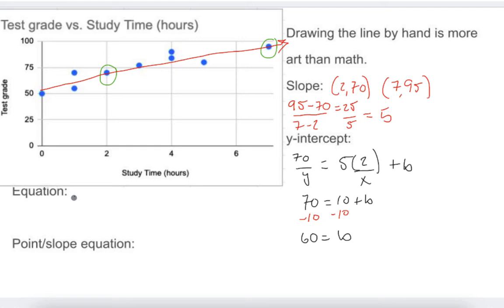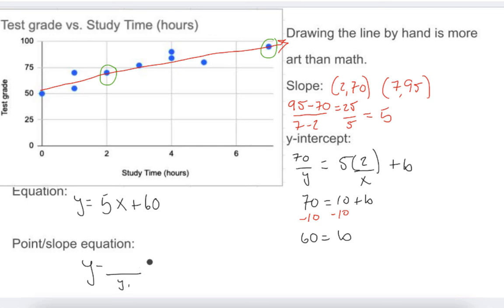So we'd write our equation, y equals 5x plus 60. You could change the variables to g equals 5h plus 60. It's up to you. Another way to do it is to write it in point slope form, which means we wouldn't need the y-intercept at all. Mathematicians use this because we're lazy. It saves time.